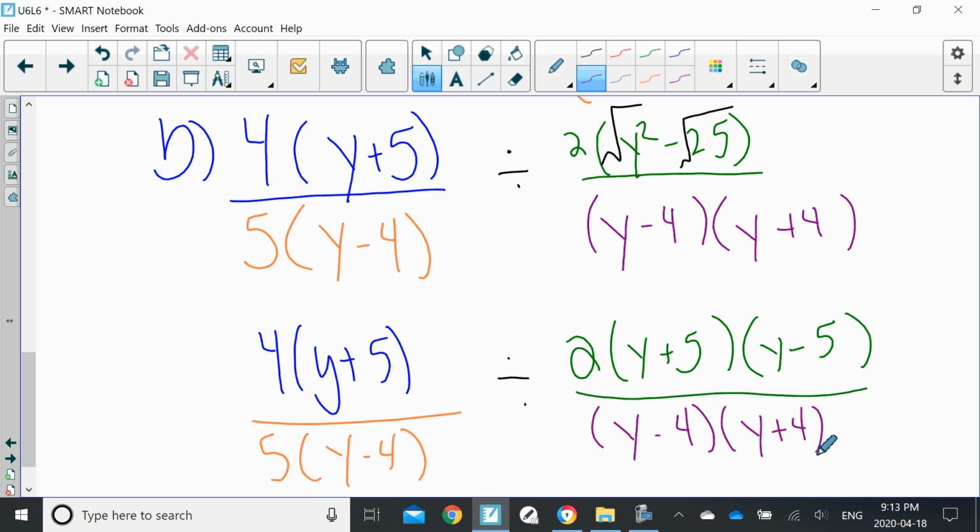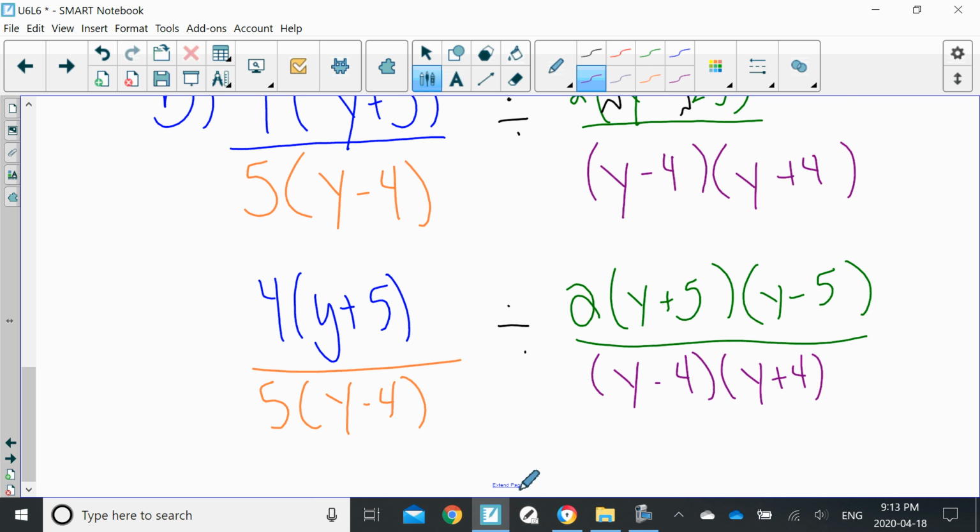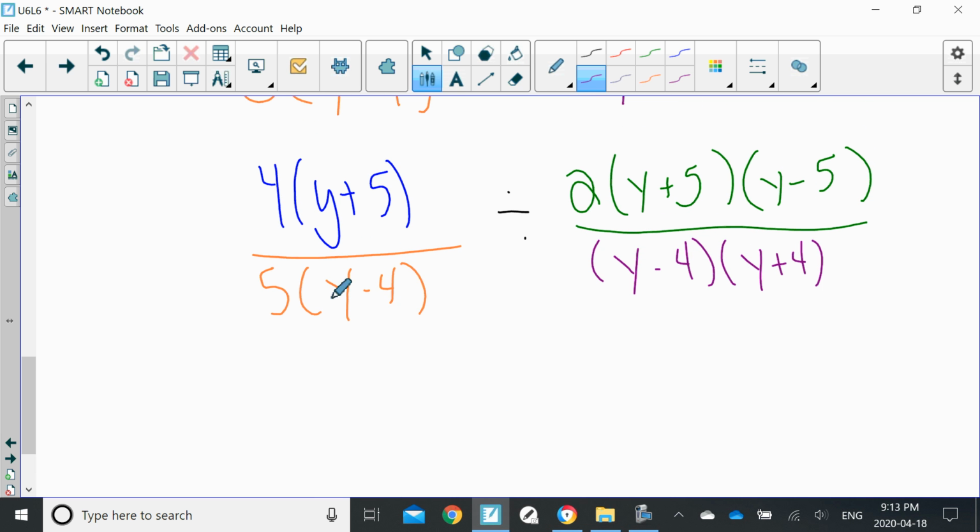Okay, right now it's sort of easy to look at this and ask, what are some of my non-permissible values? So if I look at this, one non-permissible is 4, right? Hopefully everybody would agree y cannot equal 4. If you put a 4 in that denominator, you're going to get 0, which we can't have. Then I'm going to go to this denominator and ask, what are the non-permissibles?